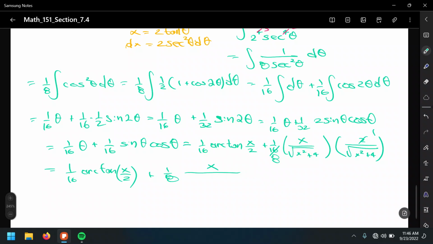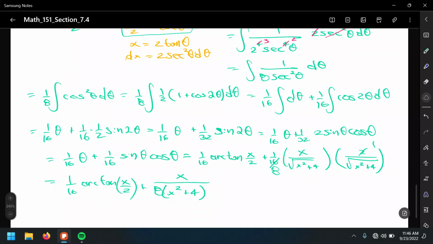Cancel the radical, just write down the expression inside of the radical, that is x squared plus 4. But how about instead we write this as an 8 in the denominator. Let me put this together. So that's the integral, the fourth integral. All right.